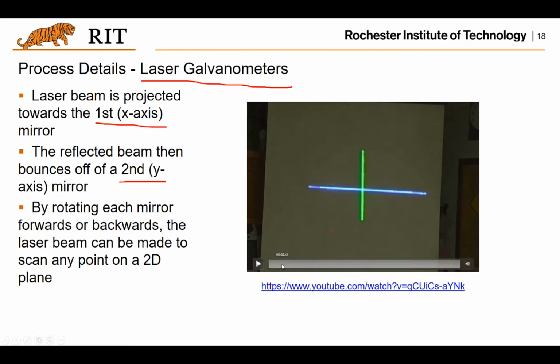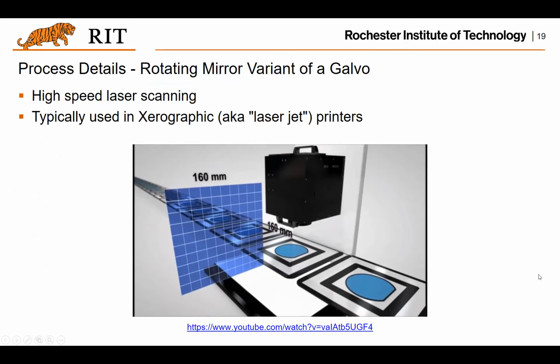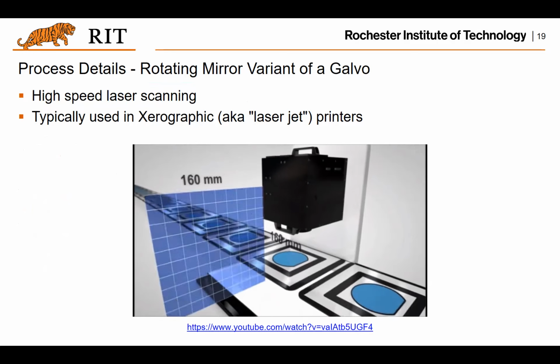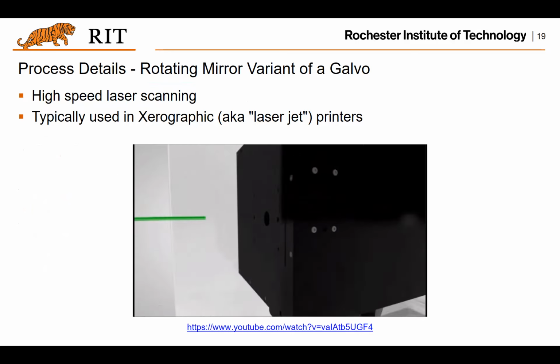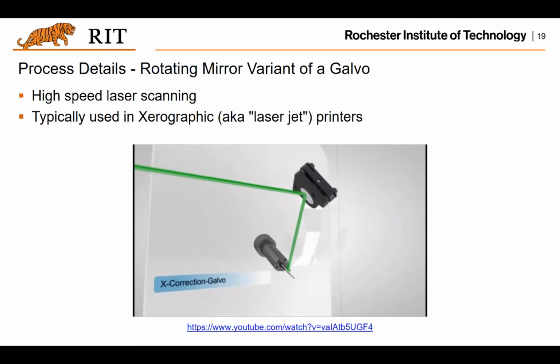So with the two mirrors, the laser could move freely on this 2D plane. That is how the laser could scan on one layer, right? And here I show you another similar setup for the galvanometer.